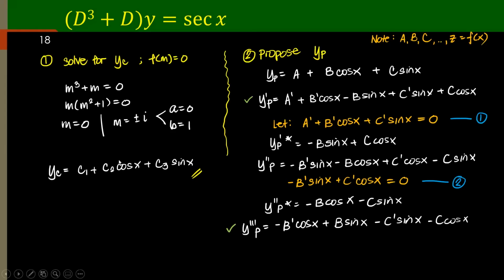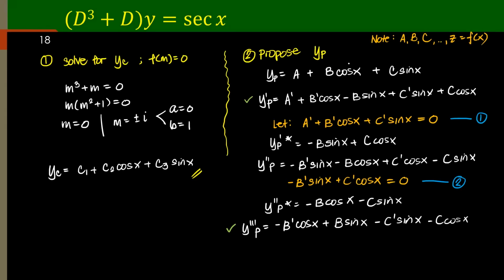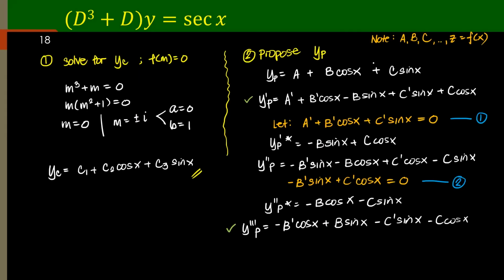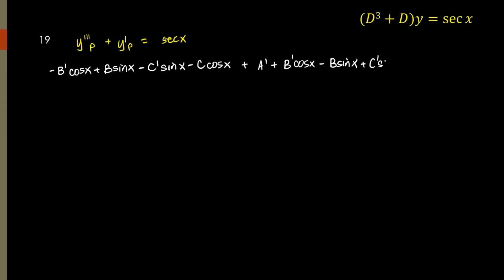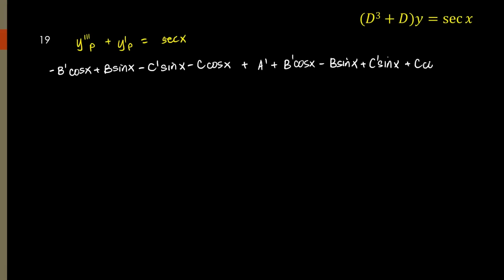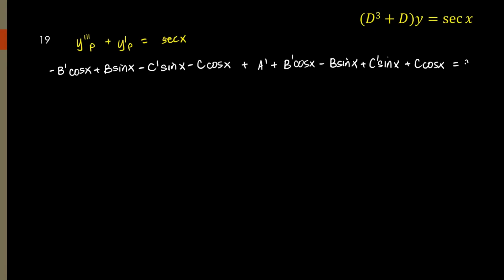So plus a prime plus b prime cosine x minus b sine x plus c prime sine of x plus c cosine of x is equal to secant of x. And then let's see what we can cancel.